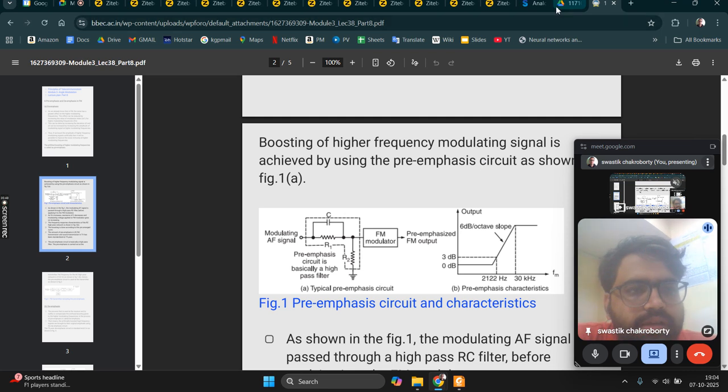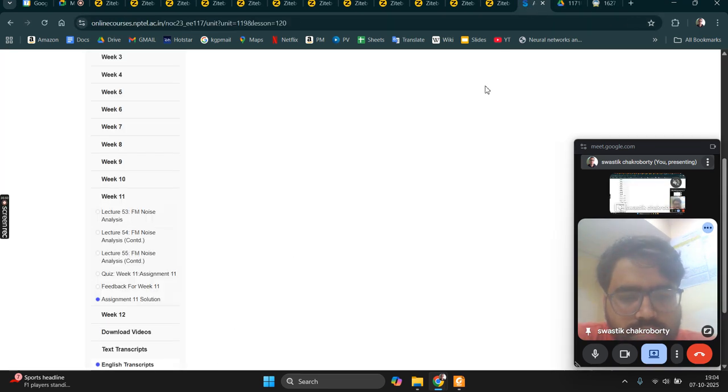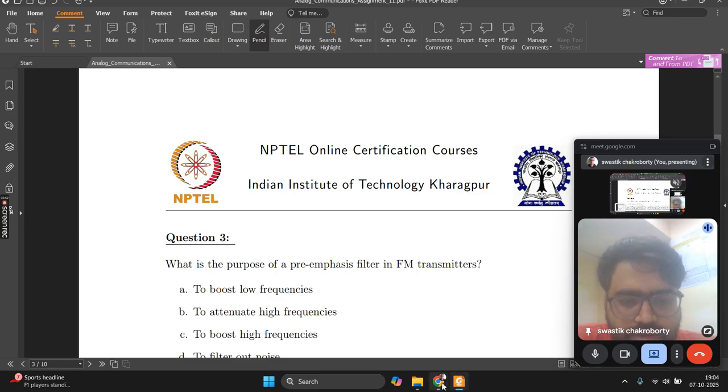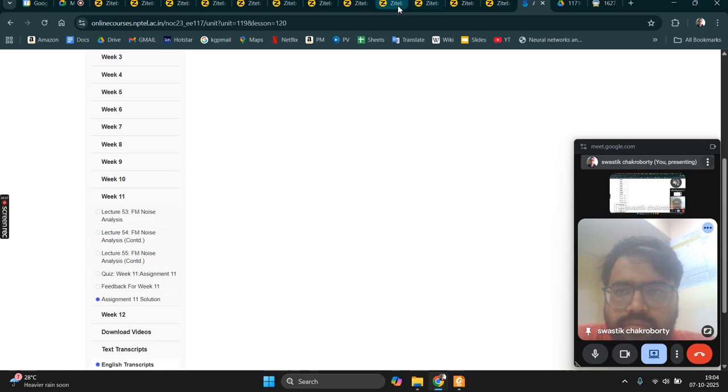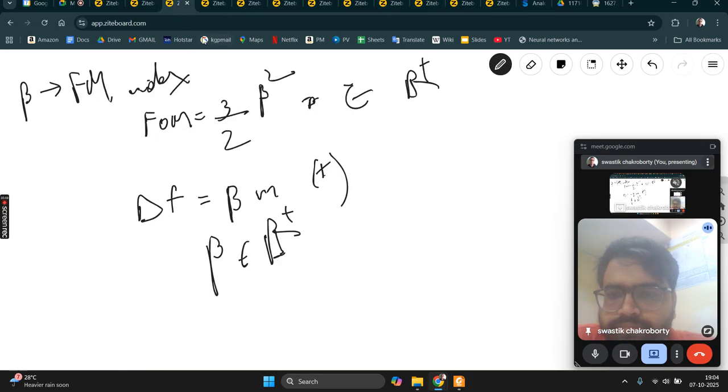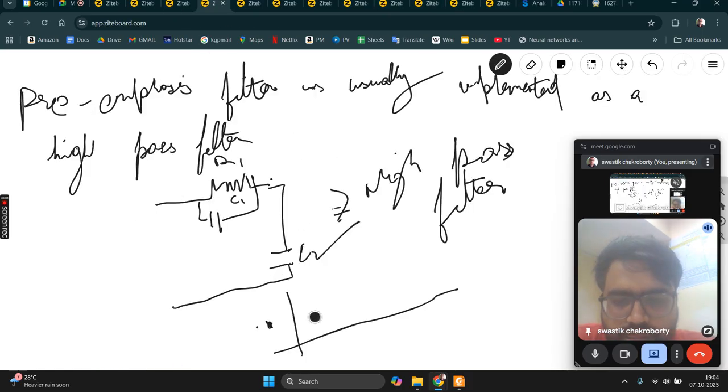So there is a particular response of pre-emphasis filters which is like this. First it is at 0 dB, there is no gain, it starts having a gain and continues having a gain for a particular region, then it goes flat. So in a particular region only there is a gain.